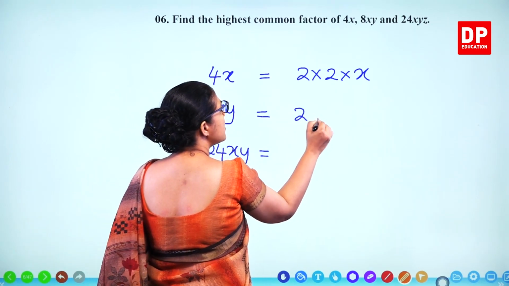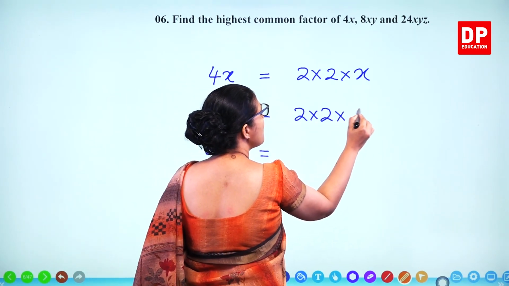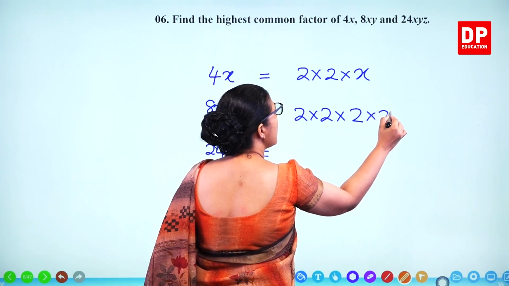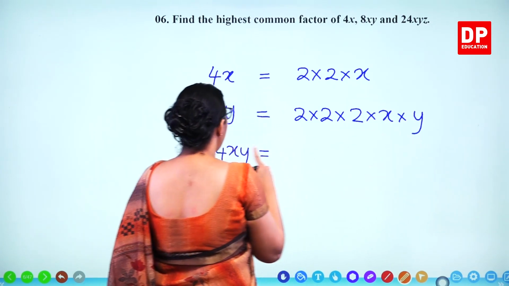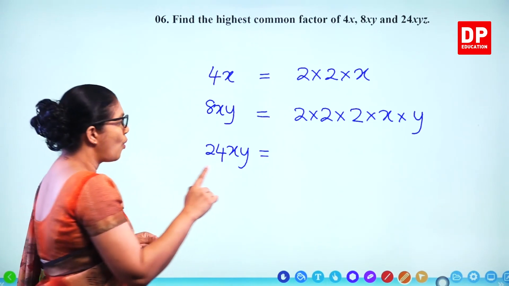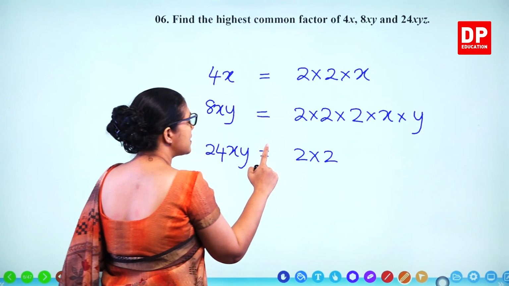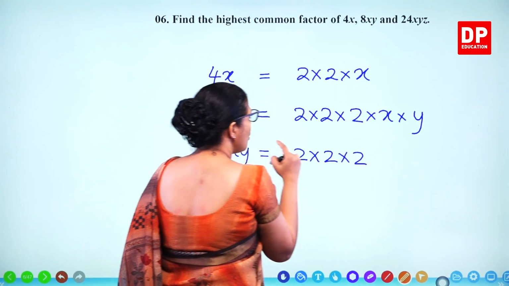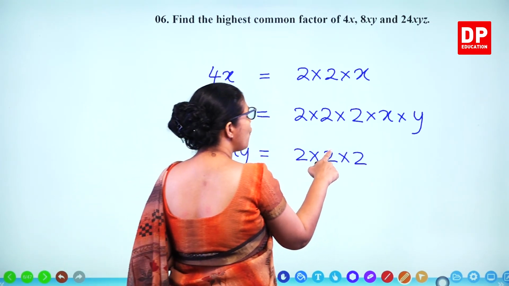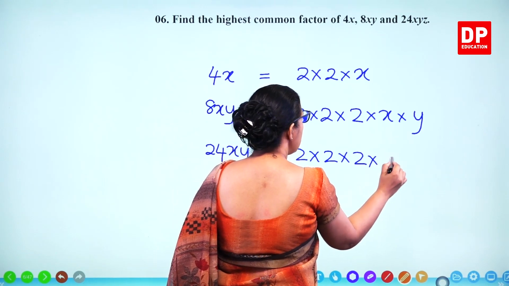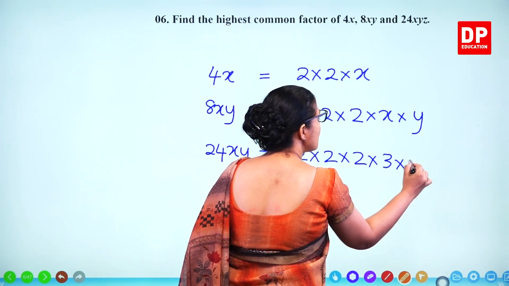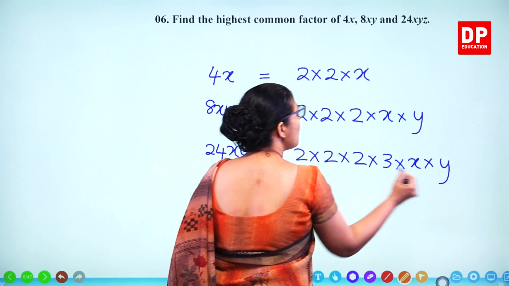How do you write 8? 2 times 2 times 2, and then you get x and y. What is 24? 2, you get 12. Again another 2, you get 6. Another 2, you get 3. 2 times 2, 4. 4 times 2, 8. 8 times 3, 24. And then you get x and y.